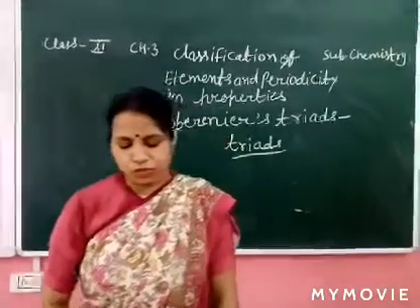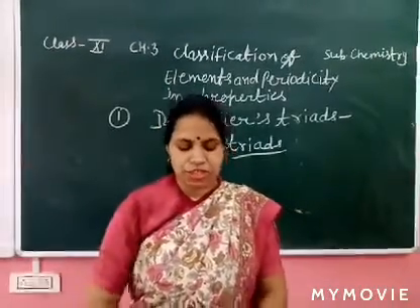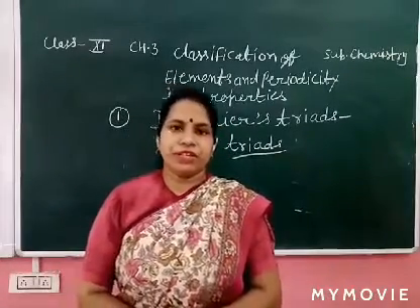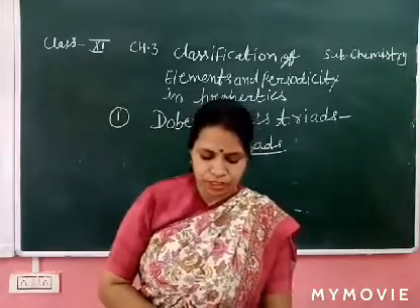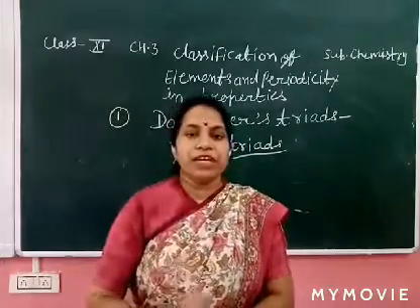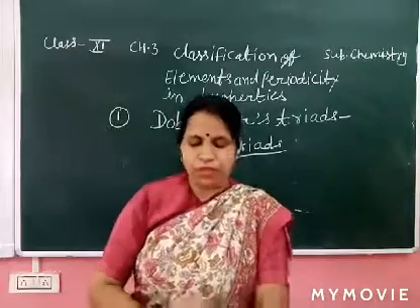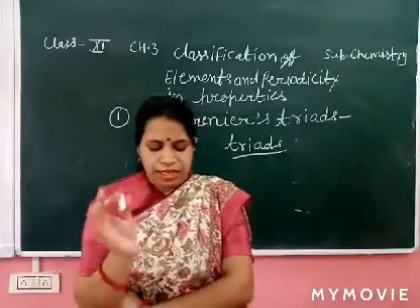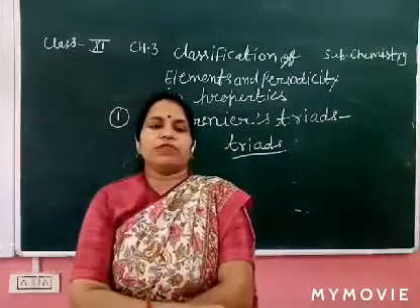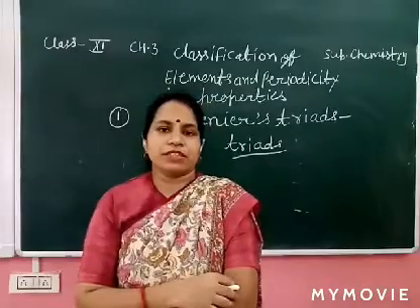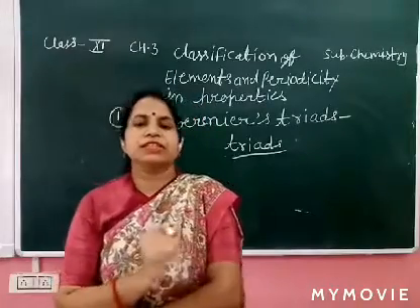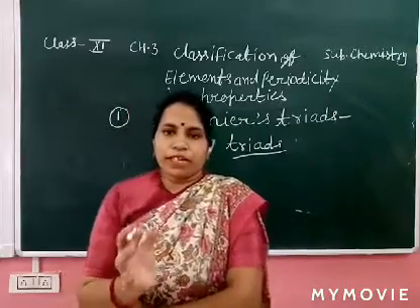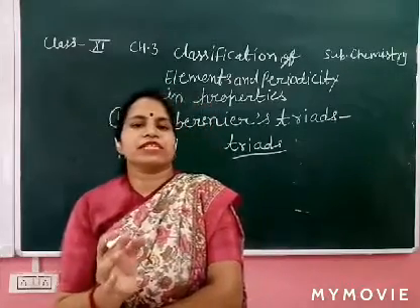According to this rule, when elements are arranged in increasing order of their atomic weight in triads, the atomic weight of the middle element is equal to the arithmetic mean of the atomic weights of the other two elements. We will discuss some examples which explain it better.